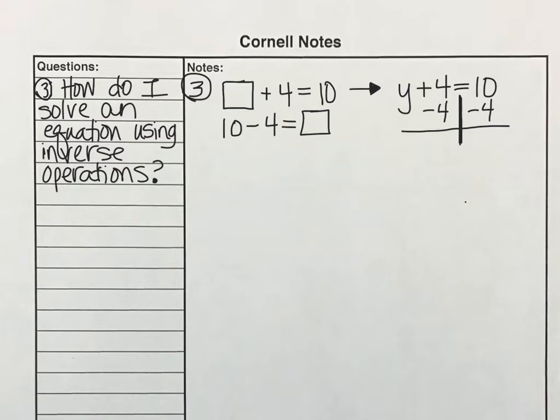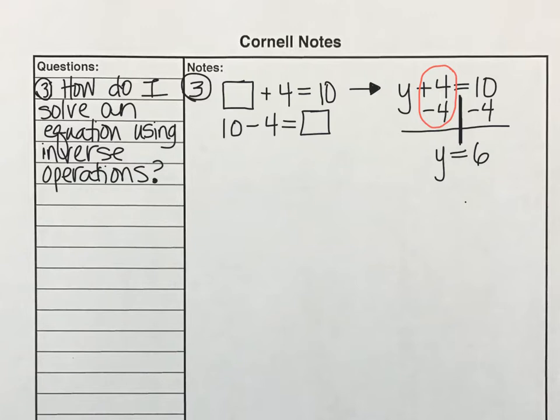And what that does is it creates what we call a zero pair, because a positive 4 and a negative 4 makes 0. Now, by taking the 4 away from both sides, I've kept the equation in balance. The y on the left now equals whatever 10 take away 4 on the right is, which in this case we know is already 6.